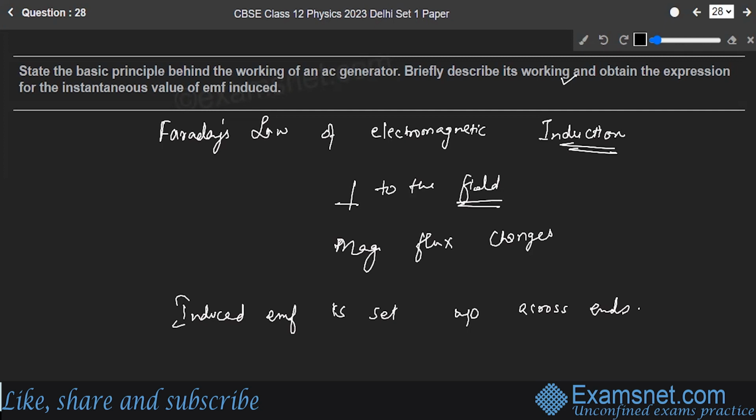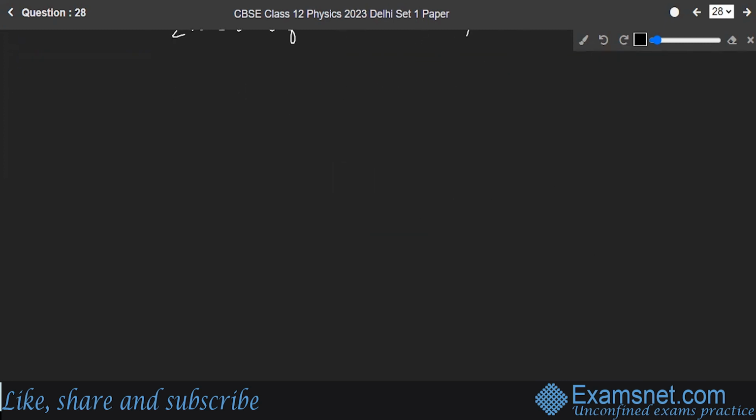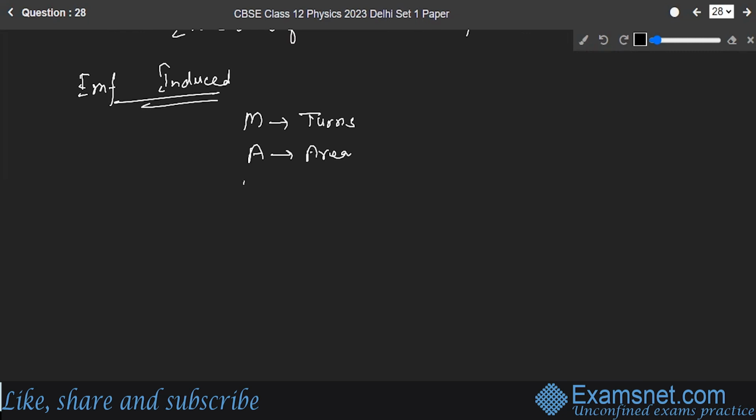All right, now let's talk about the EMF which is induced in the coil. For that, let's consider a coil with N turns, A area, and rotated with omega angular velocity in a magnetic field with B magnetic flux, its axis being perpendicular to the field, of course.